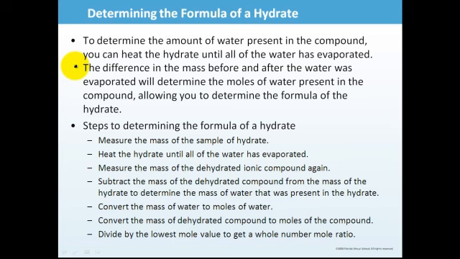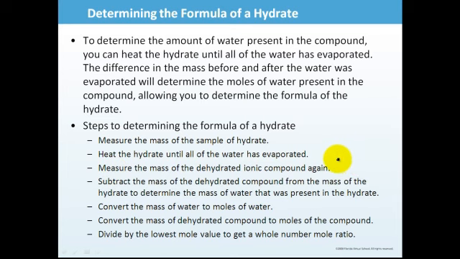And then of course, just like we've done with empirical formulas before, once you've got the masses you need, it's just a matter of going through our steps to determine the empirical formula. So again, step by step, we measure the mass of the sample of hydrate. We heat it to remove the water. We measure the mass of the dehydrate, or the anhydrous compound. That's another phrase that you may hear.